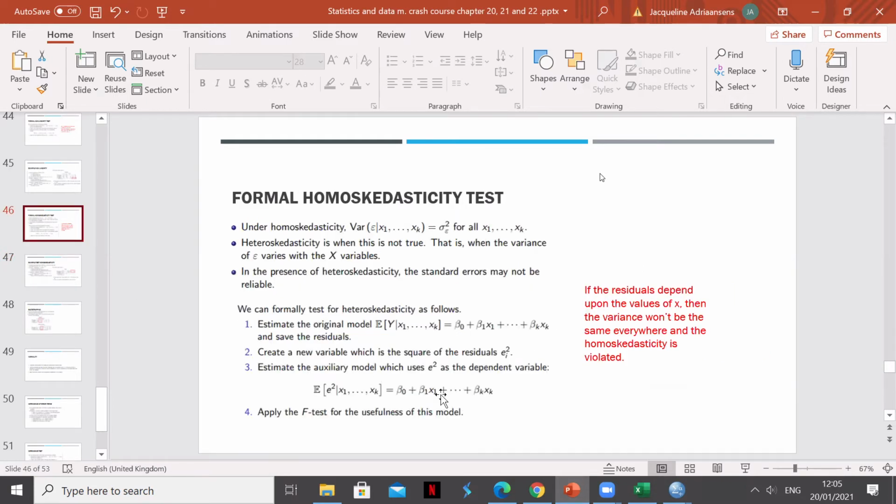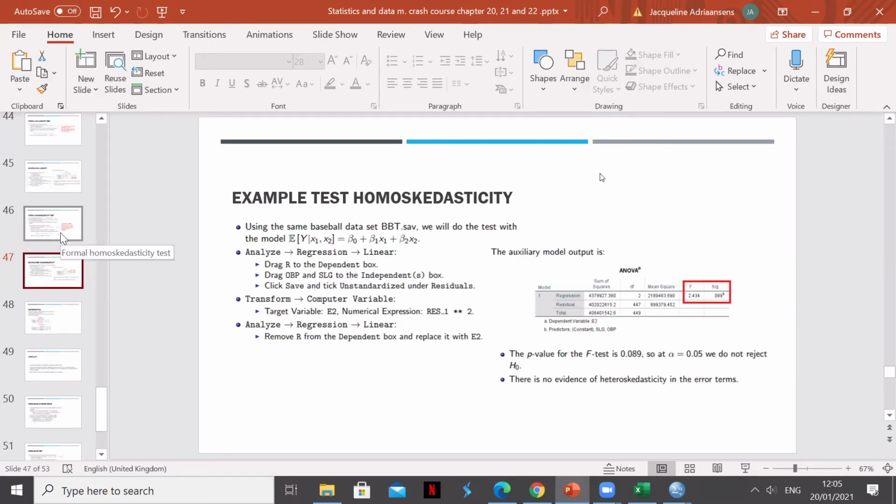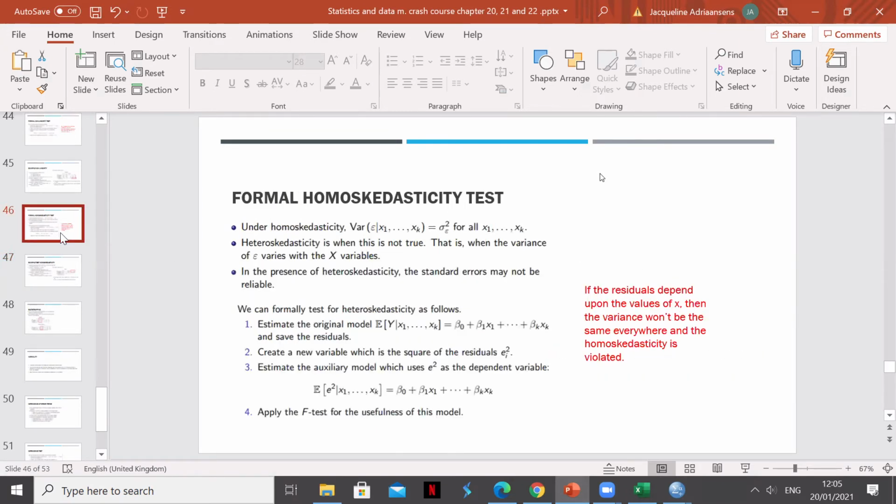I didn't include it here, but our H0 was testing whether these are all 0, versus whether one of them is non-zero. Recall the f-test. H1 is that at least one of them is non-zero, and for H0, you say they're all 0.